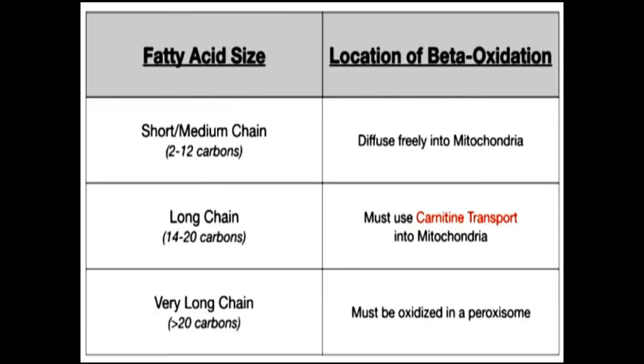After activation, short-chain fatty acids can diffuse freely inside the mitochondrial matrix, but long-chain fatty acids, that is about 14 to 20 carbon fatty acids, enter into the mitochondria by the acyl carnitine shuttle.